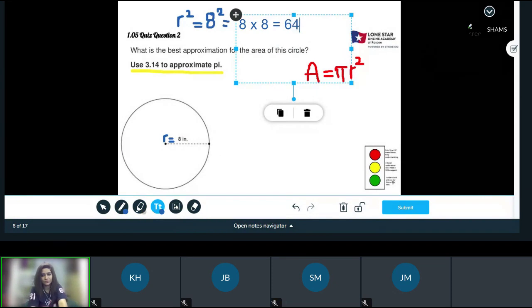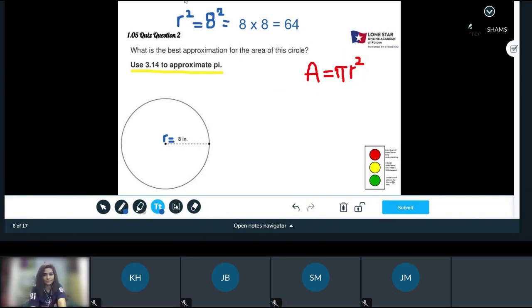R squared is 64. Does this part make sense to you guys? Those of us who need a little bit more help with finding area? Radius is 8. So radius squared is 8 times 8, 64.